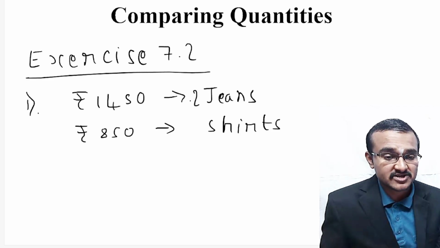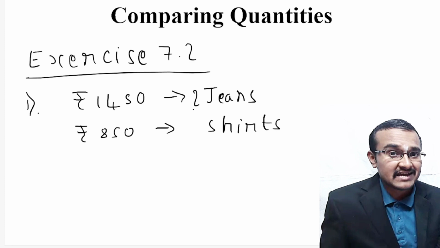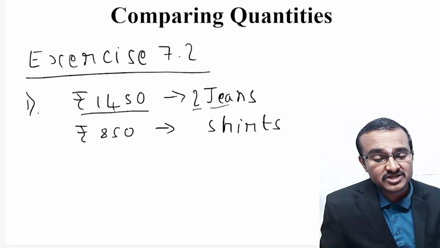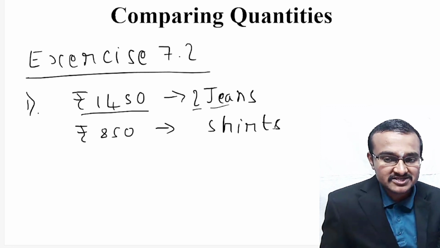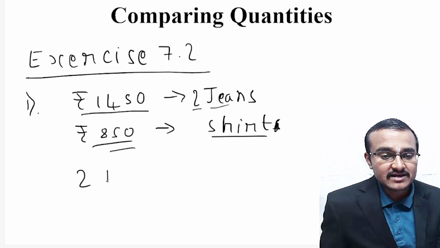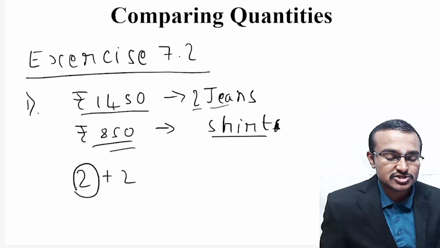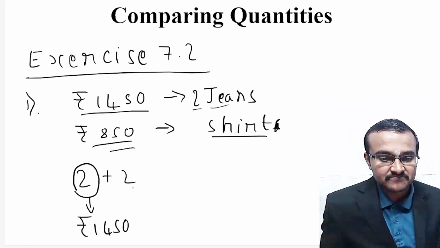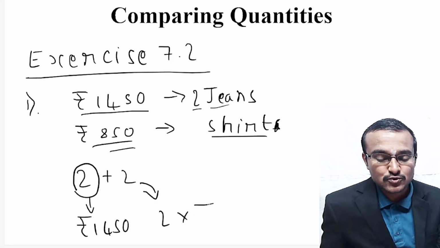Coming to the first question in this exercise, they have given that a pair of jeans costs rupees 1450 and one shirt costs 850 rupees. A person has to buy a pair of jeans and two shirts. So the cost of the jeans is 1450 rupees and the cost of one shirt is 850, and since he is buying two shirts, it is 2 into 850 rupees.